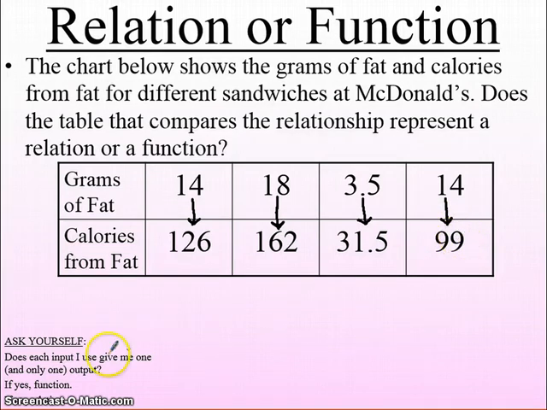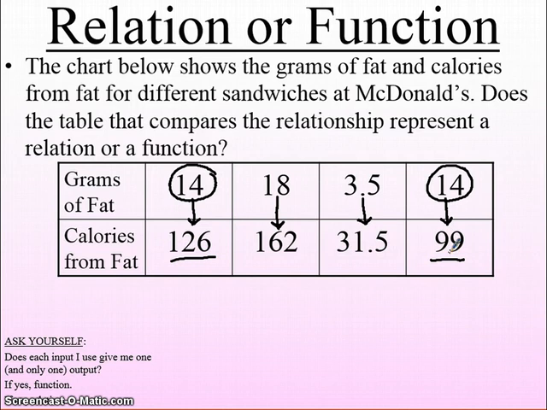Now ask yourself, does each input, because we're given numbers, let's use the first question, does each input I use give me one and only one output? So does 14 give you one and only one output? And the answer is no, because you see two different sandwiches have the same amount of fat but have different amounts of calories.